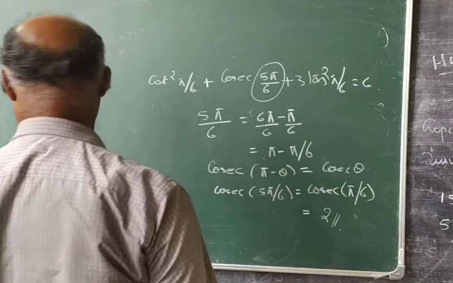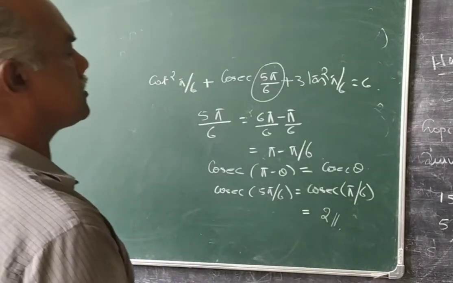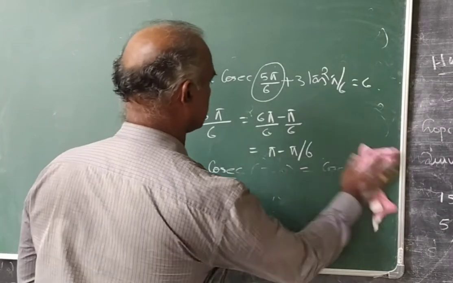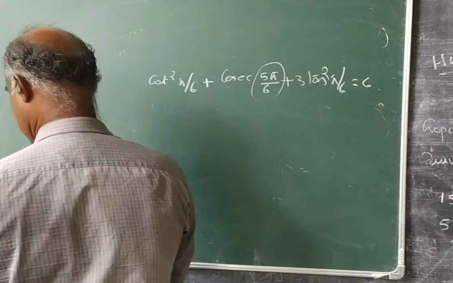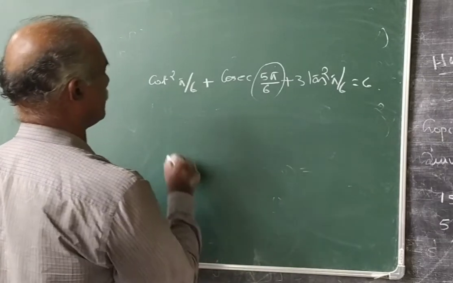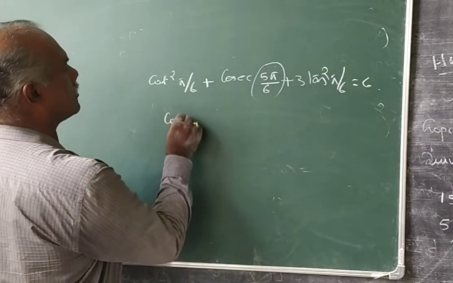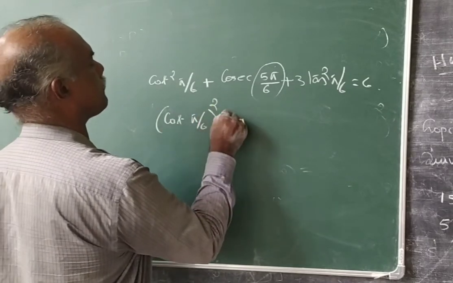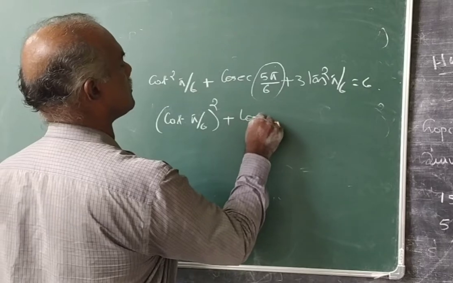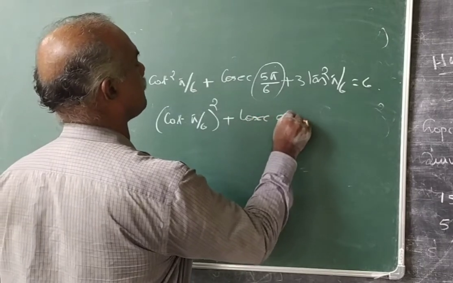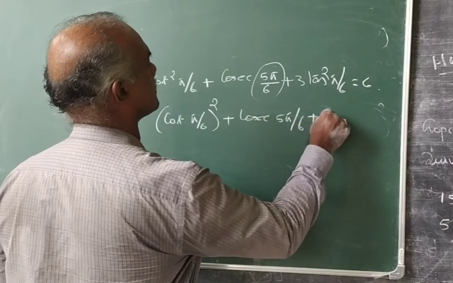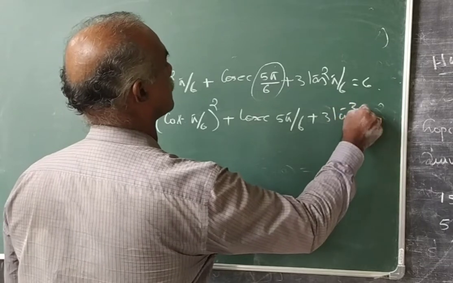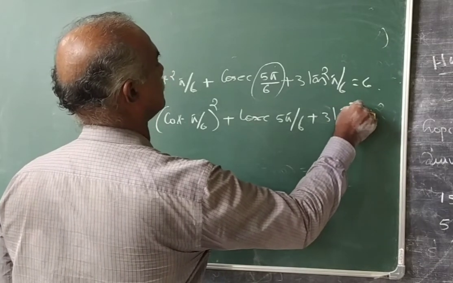Now let us go back to the question. LHS is cot pi by 6 the whole square plus cosec 5 pi by 6 plus 3 tan square pi by 6.